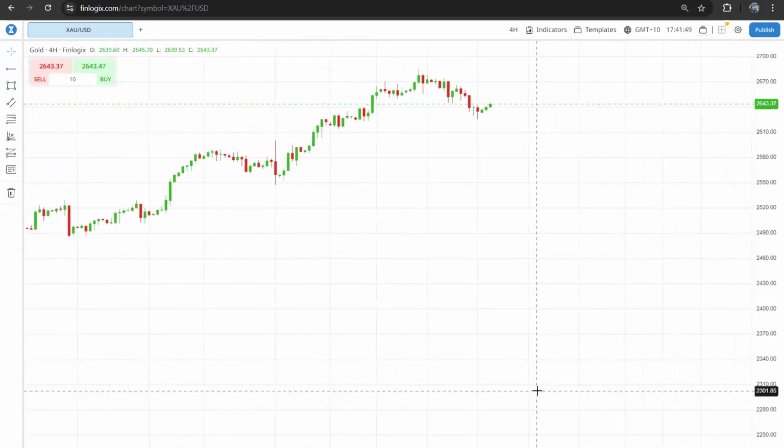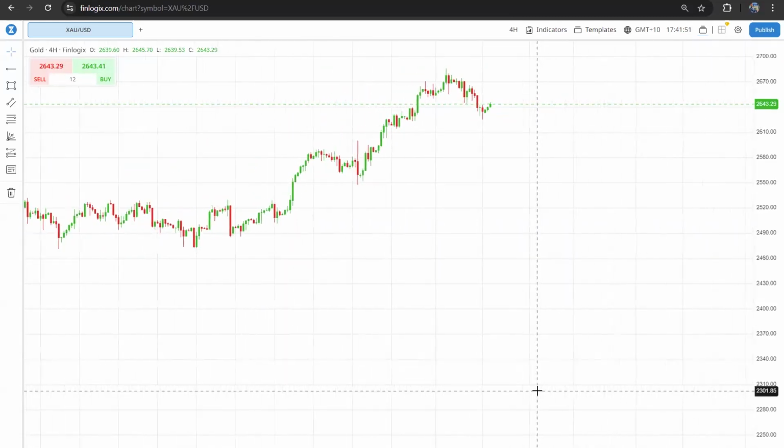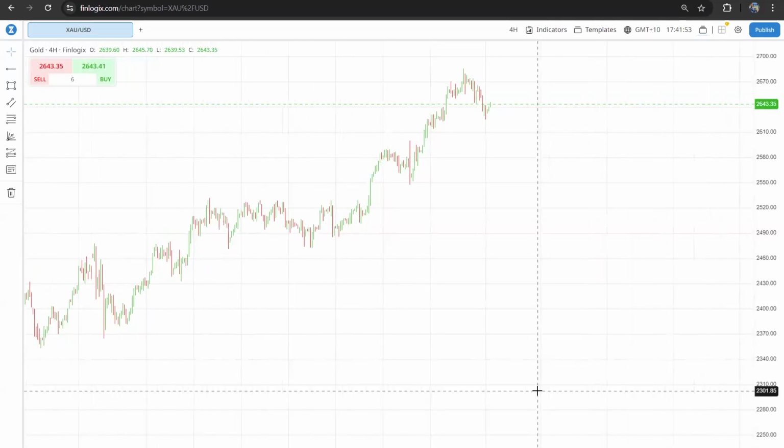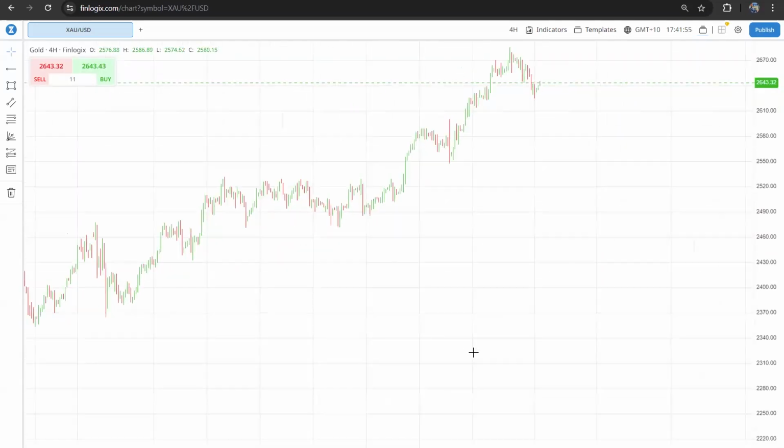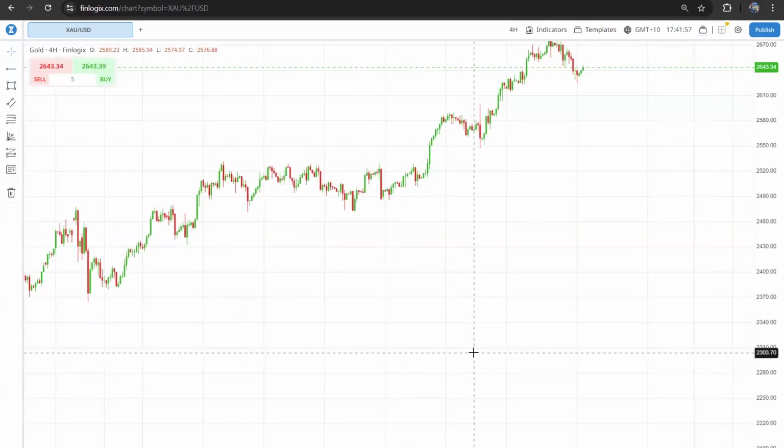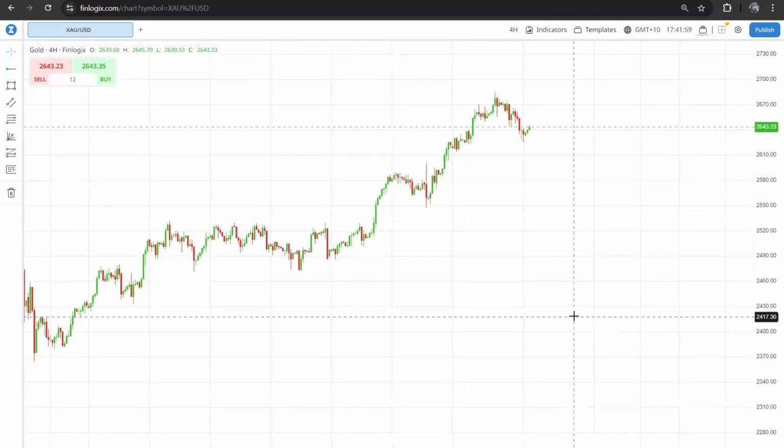Sorry guys, my mouse is not good at all. Okay. So there is always what I always say, okay? Sometimes it can work for gold, but I don't trade much gold, but I'm looking at an opportunity for a pullback.